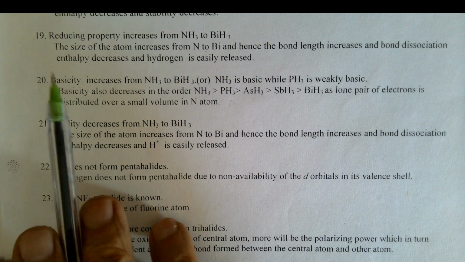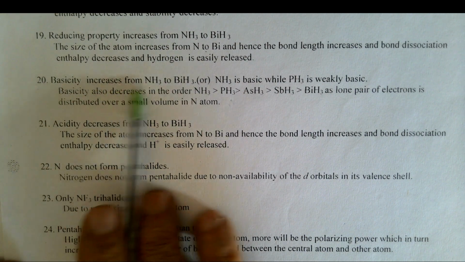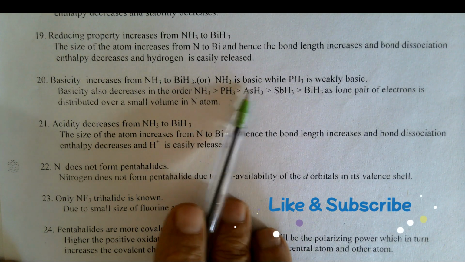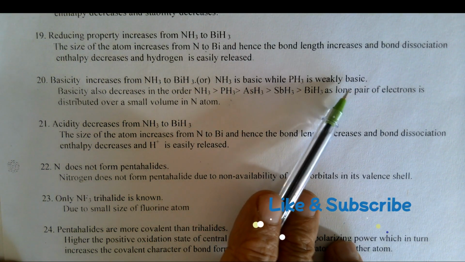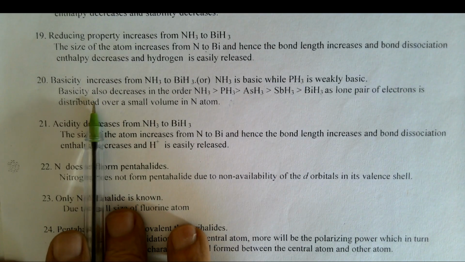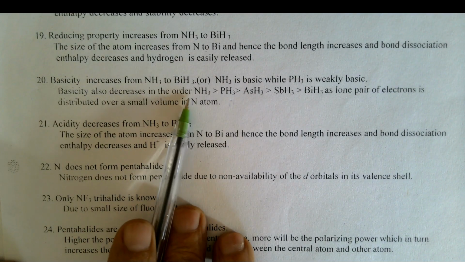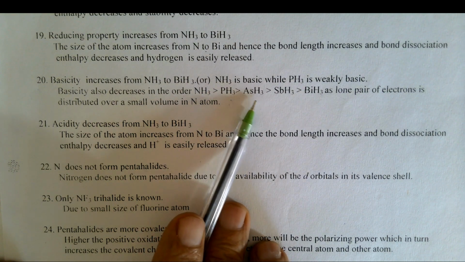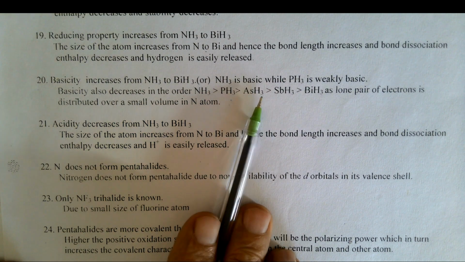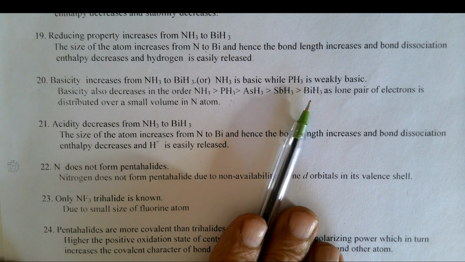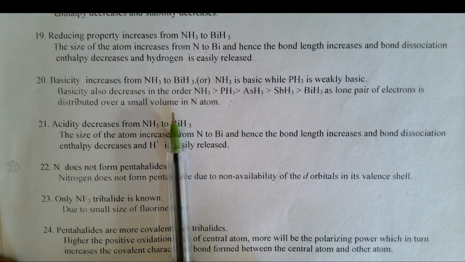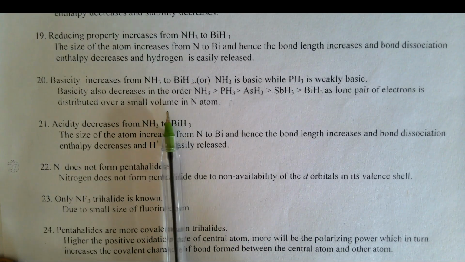The reason is that basicity decreases in the order NH3 greater than PH3 greater than AsH3 greater than SbH3 greater than BiH3, as the lone pair of electrons is distributed over a small volume of the nitrogen atom.